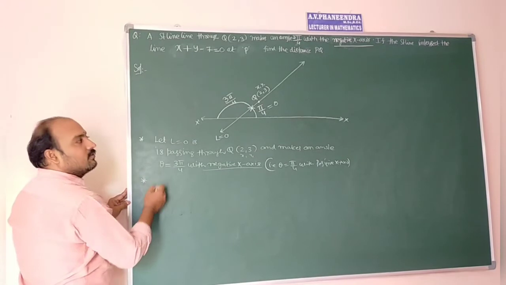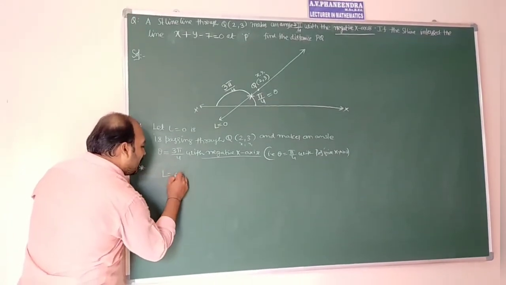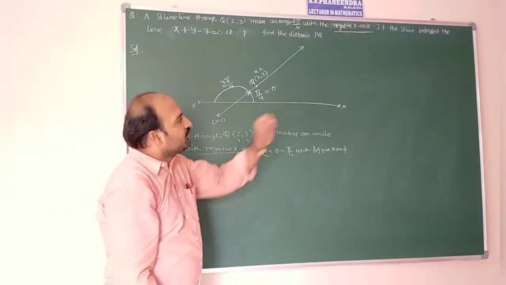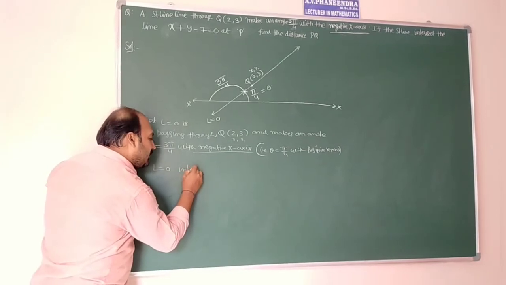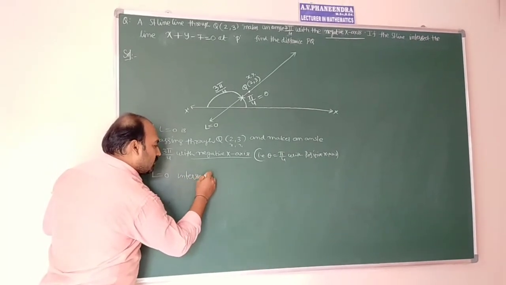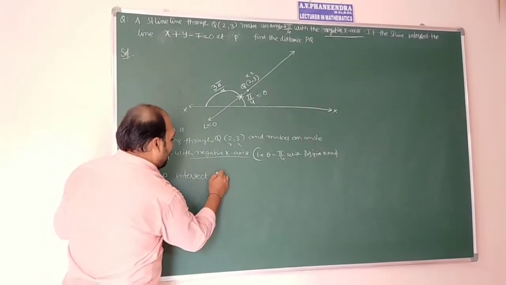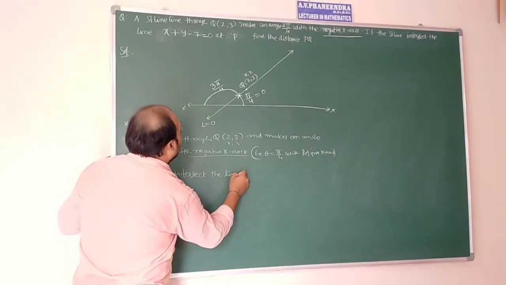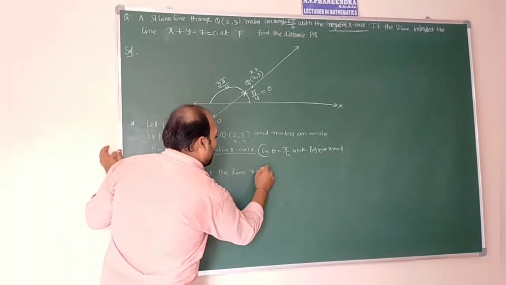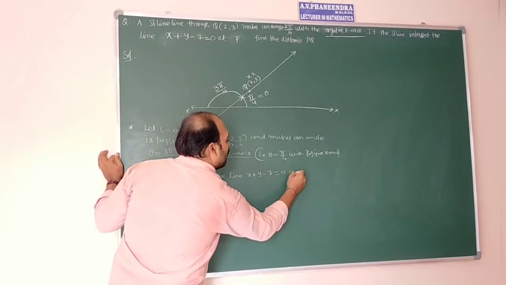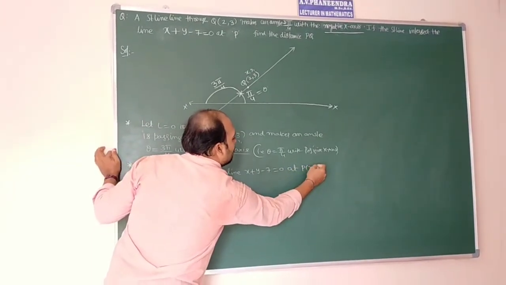After that, the line L equal to 0 intersects the line x plus y minus 7 equal to 0 at P of x comma y.